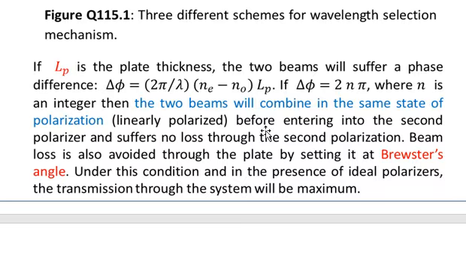So the linearly polarized light should be formed before it enters the second polarizer and suffers no loss through the second polarizer.